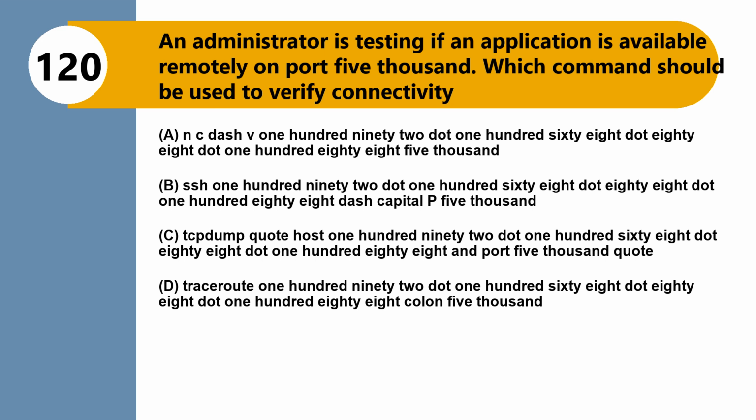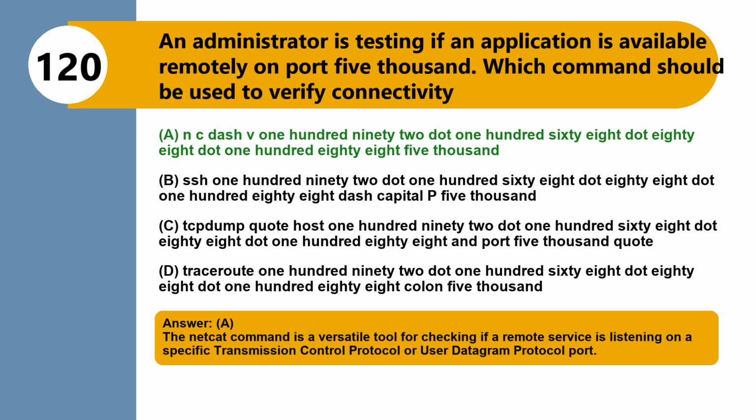Option D, traceroute 192.168.88.188 5000. The correct answer is option A, nc -v 192.168.88.188 5000. The netcat command is a versatile tool for checking if a remote service is listening on a specific transmission control protocol or user datagram protocol port.